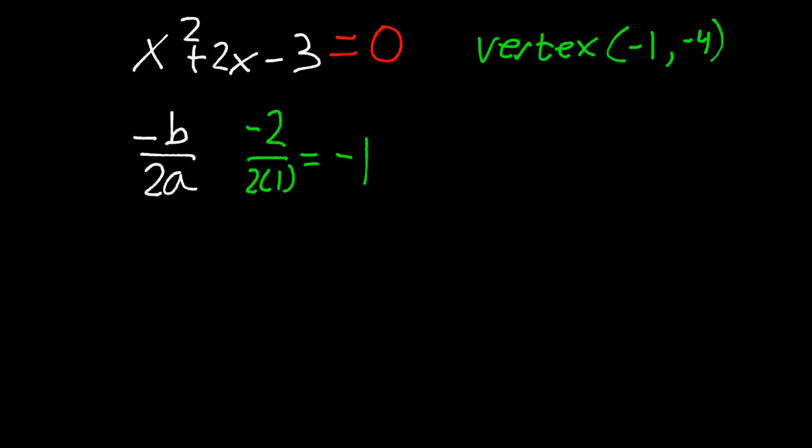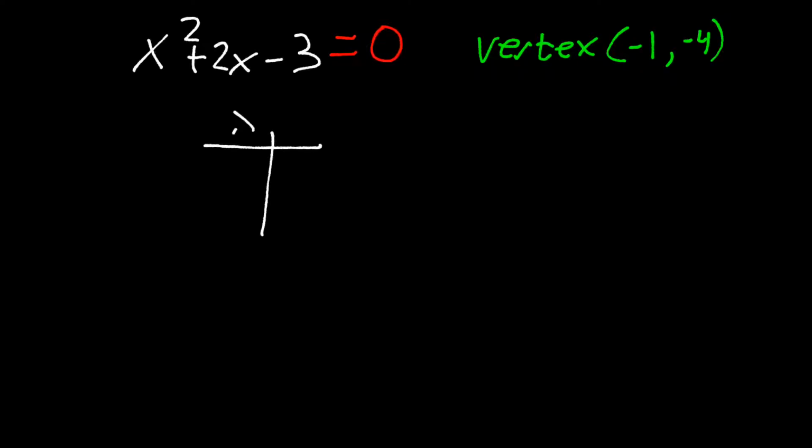And the reason why we want this vertex is because a quadratic equation graph is symmetrical. And if this is our lowest or highest point, we know that the values are going to go up from here or down from here. So we'll create our table. I have x values and I have y values.